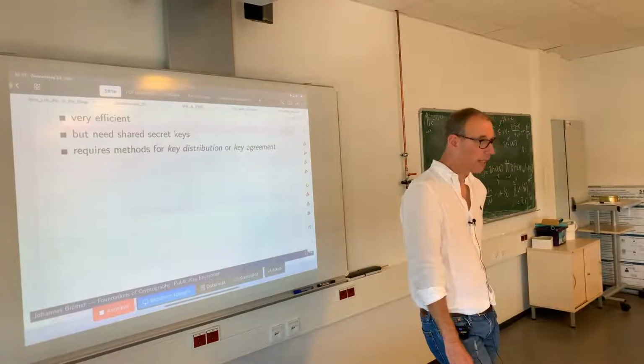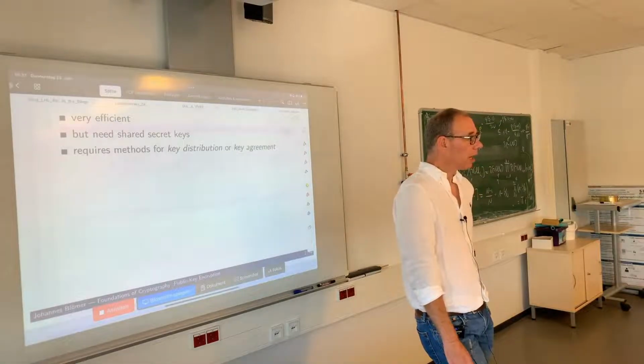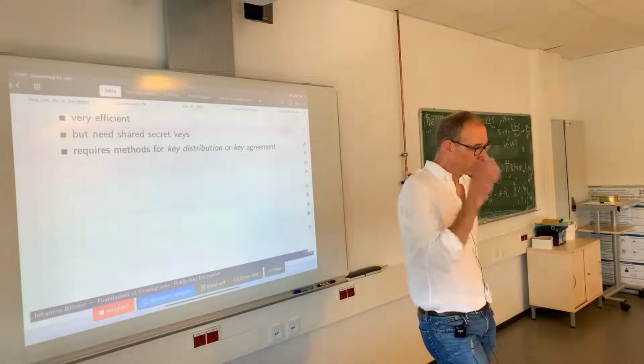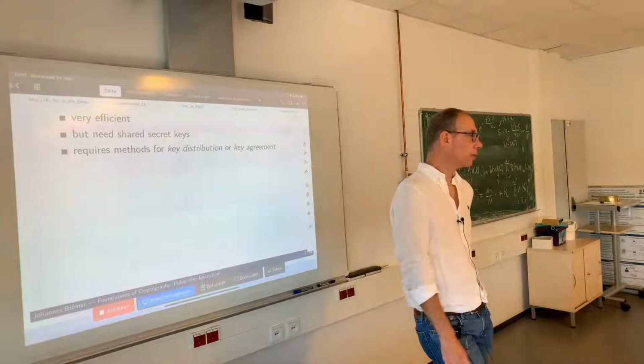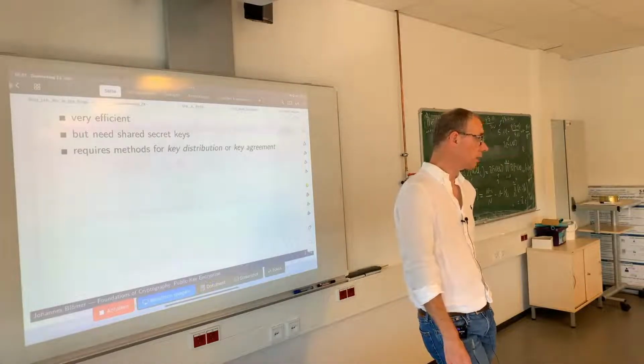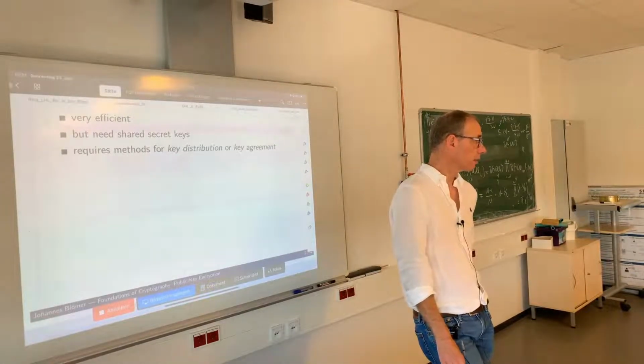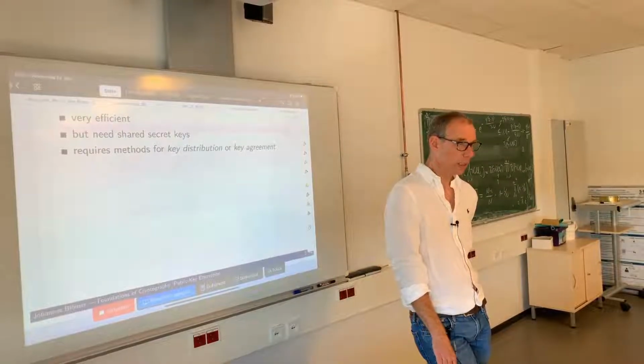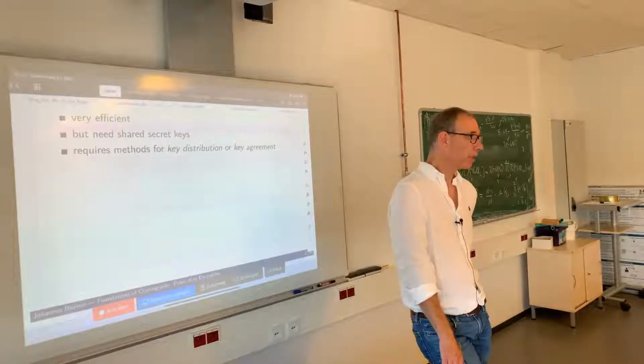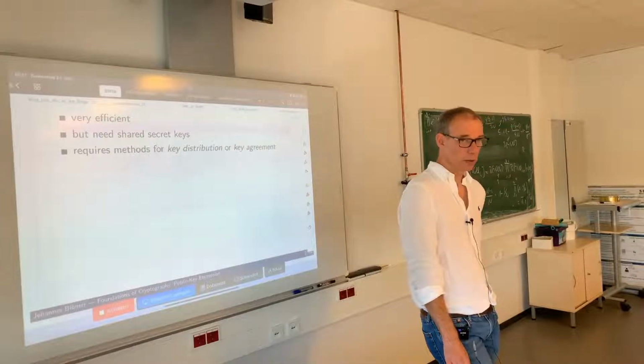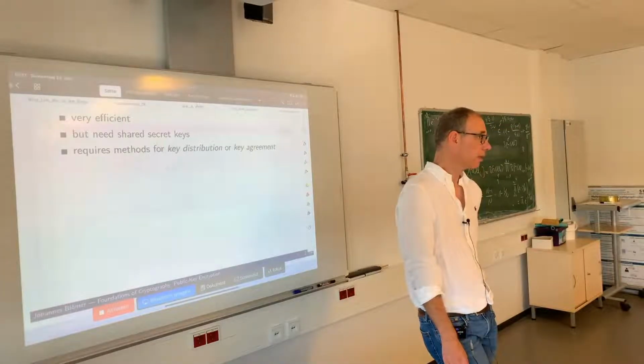But again, there we will look at what are the minimal assumptions that we need to construct such things. But we'll also see very many practical constructions that are used all over the place. For example, we will look at hybrid encryption.